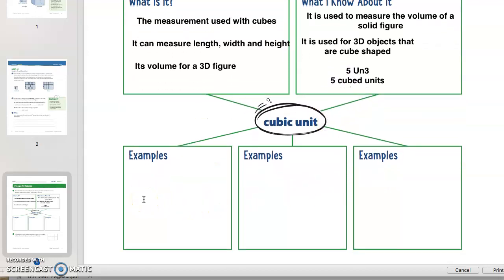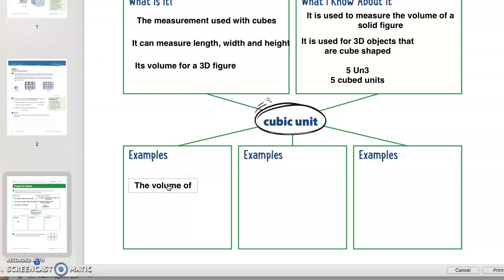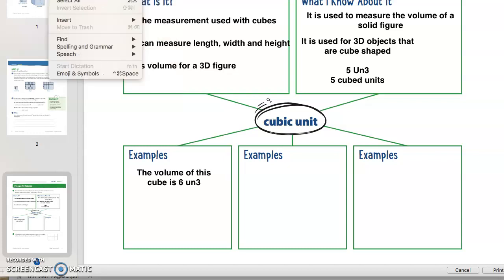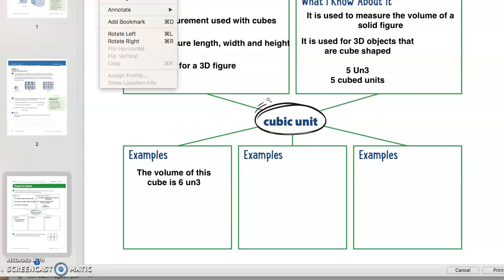More examples are going on down here. You could say the volume of this cube is 6 units cubed, right? And then you would just draw something that has the units in there. So you can insert anything that you need to in order to make that work.